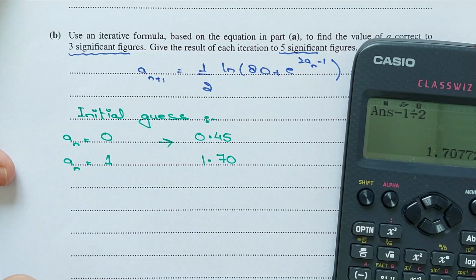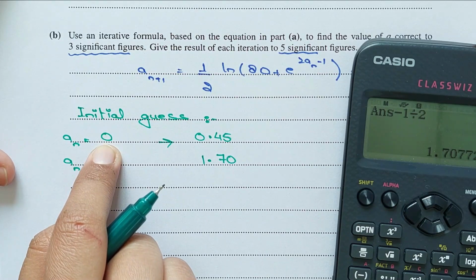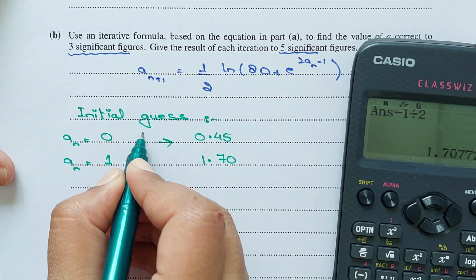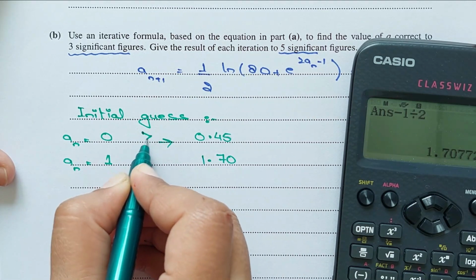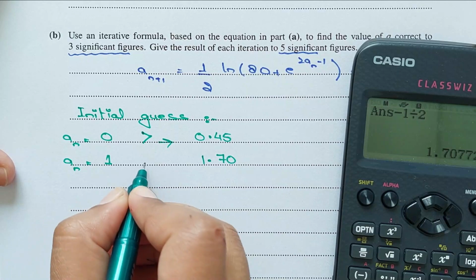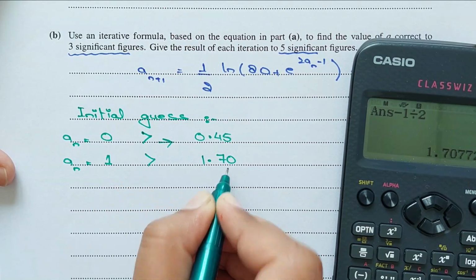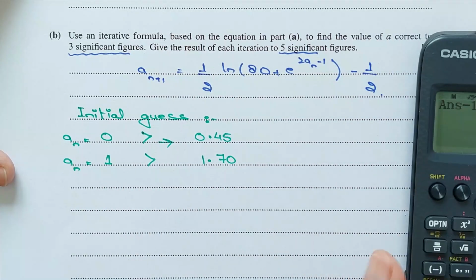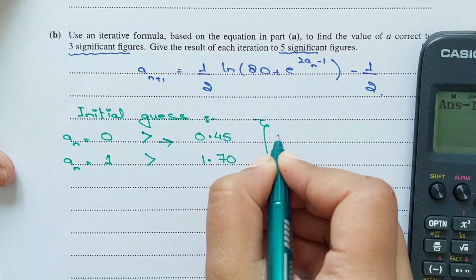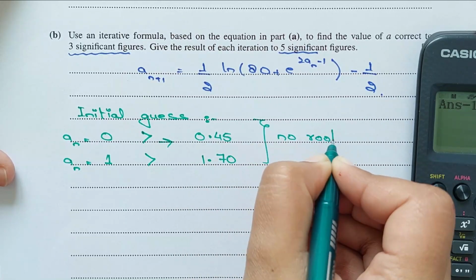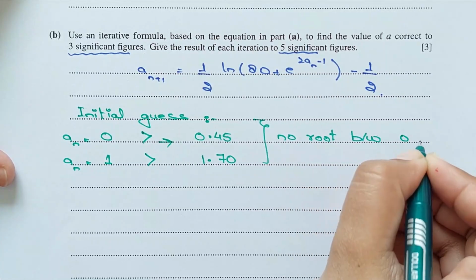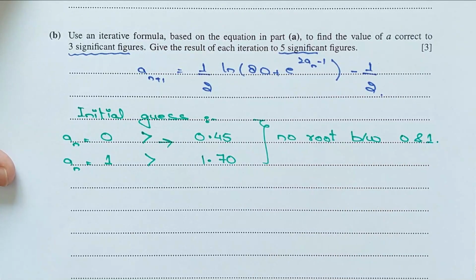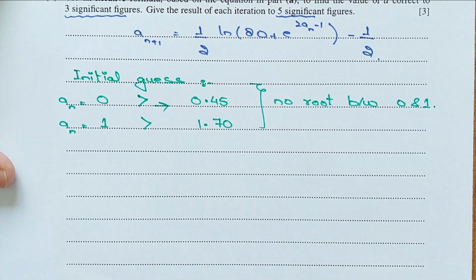So we can say 0 is less than 0.45, and 1 is also less than 1.70. So there is no root between 0 and 1.